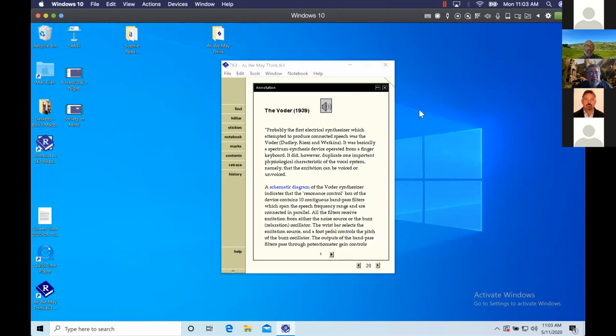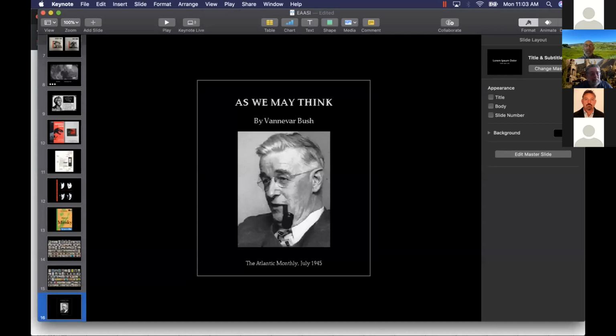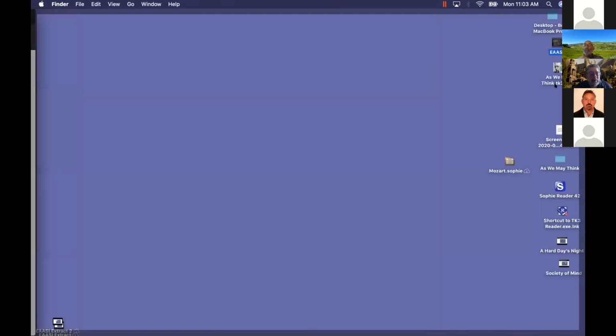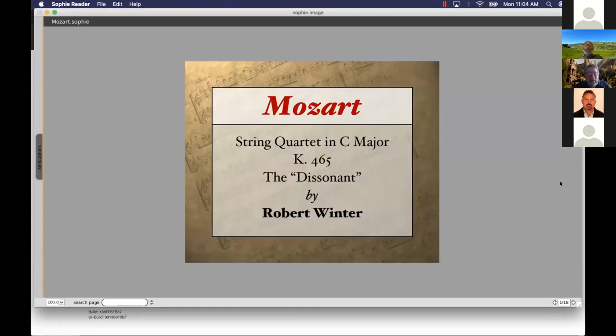And then lastly, I want to show something else. The Beethoven that I showed earlier took a really fantastic programmer almost a year to program in HyperCard. It was a very complicated piece of work back then.